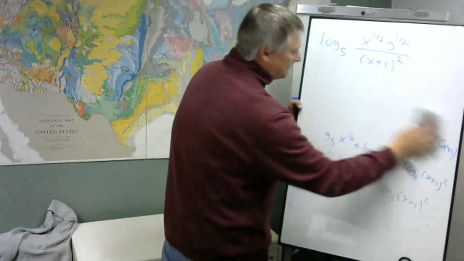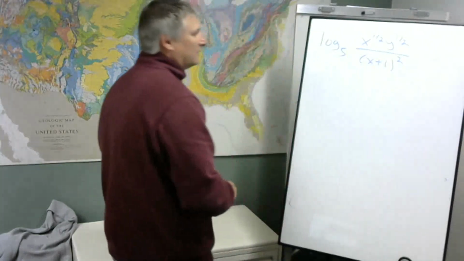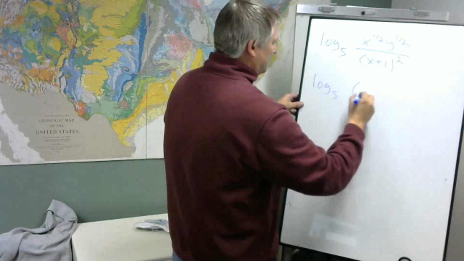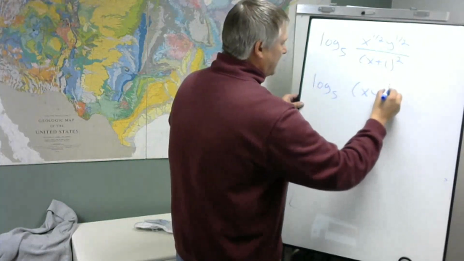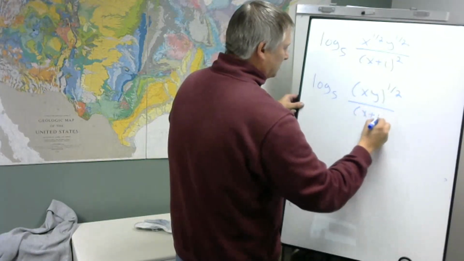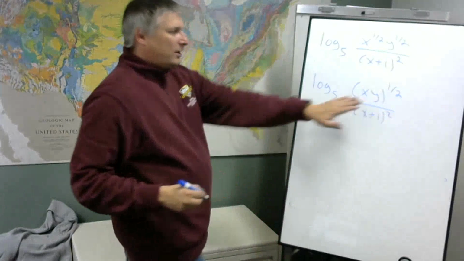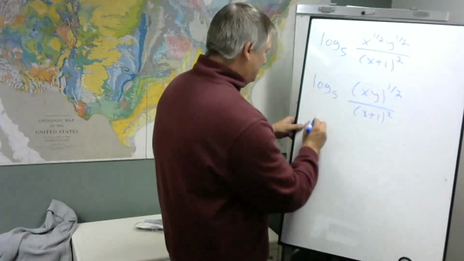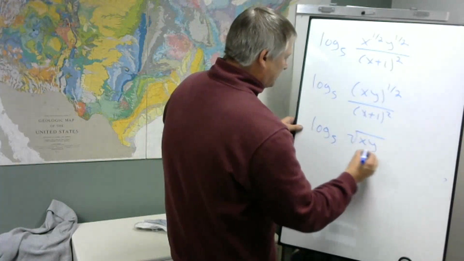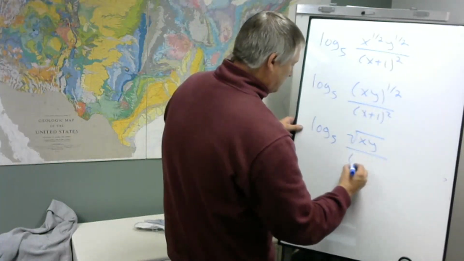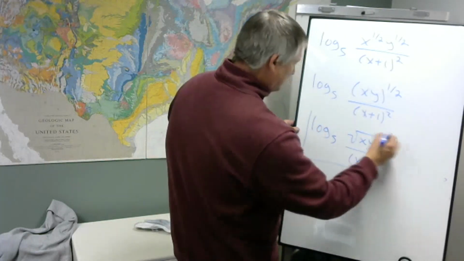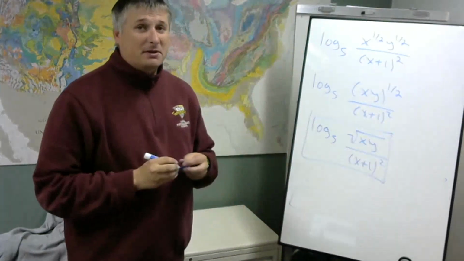And then we can do some simplification. This would be x times y to the 1/2 over x plus 1 squared. And this is just a square root. So log base 5 of the square root of x y over x plus 1 squared. And that's going to be your answer.